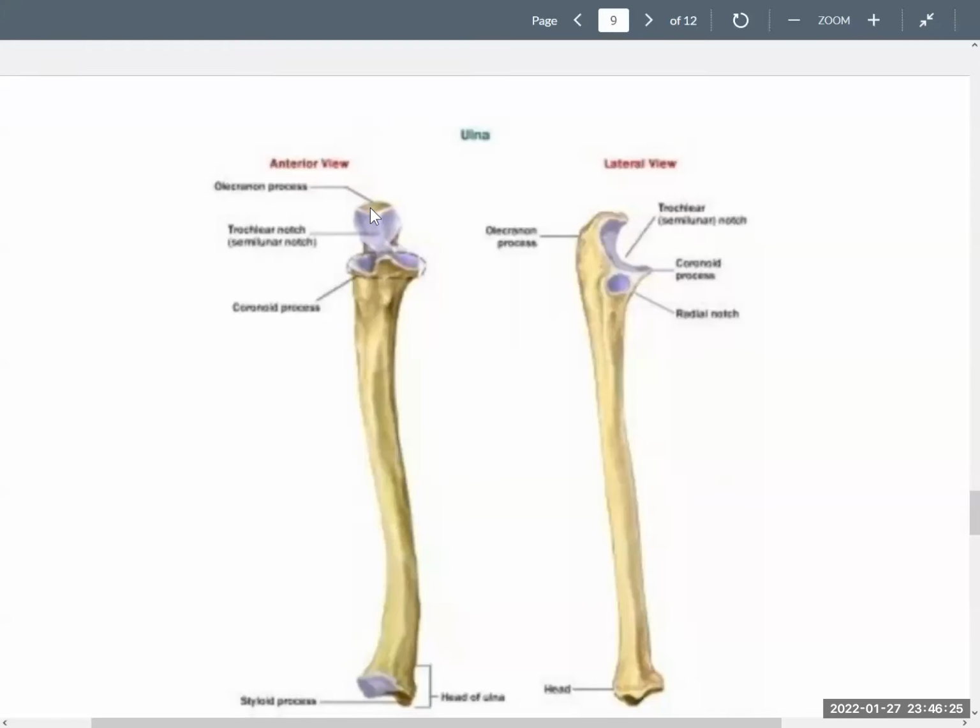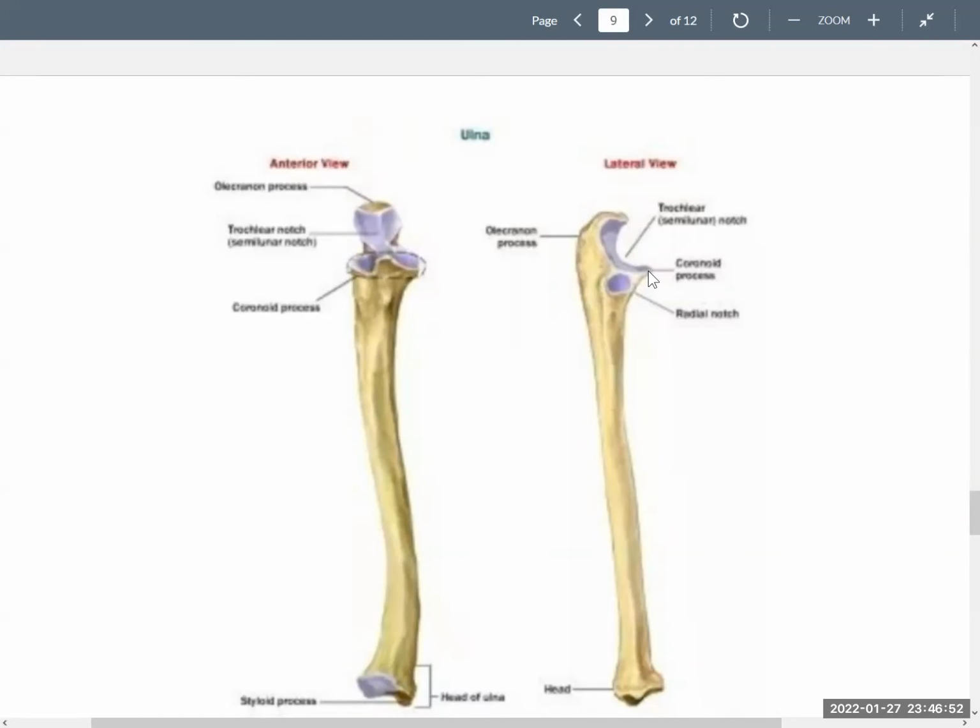The top part is called the olecranon, or olecranon process. That's this. Come all the way down the trochlear notch to the very end.